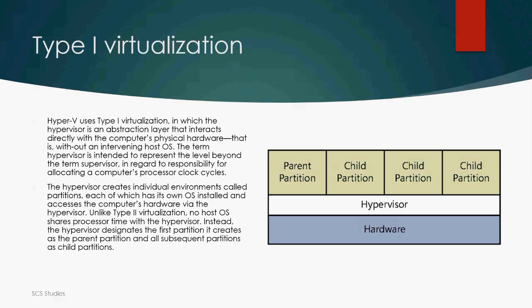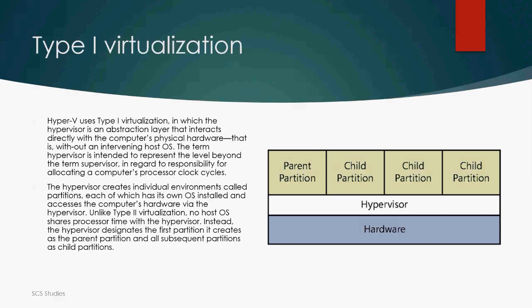So the host operating system is no longer in place to control or affect the VM guest. Instead, the hypervisor designates the first partition created as a parent partition and all subordinate partitions as child partitions. So this is the benefit, guys.